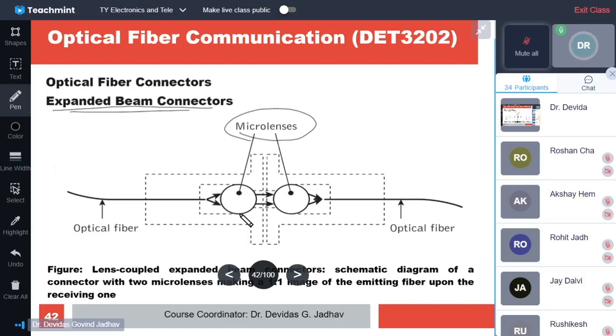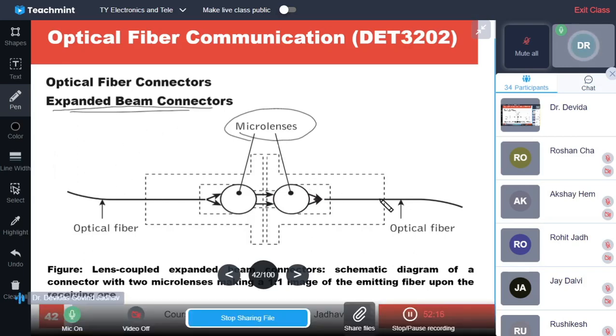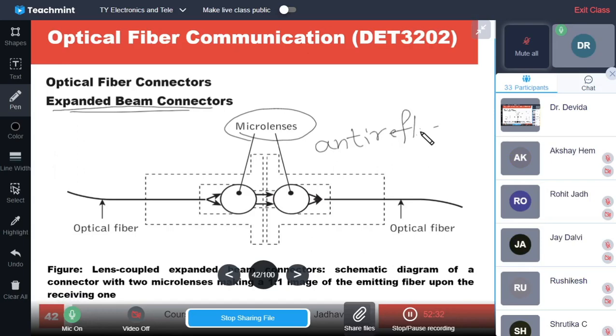And as the dimensions are large, the light collimated from one lens is completely covered by the second lens. So these are the optical fibers. Okay. So these are the micro lenses which have an anti-reflective coating on them. Okay, anti-reflective coating.